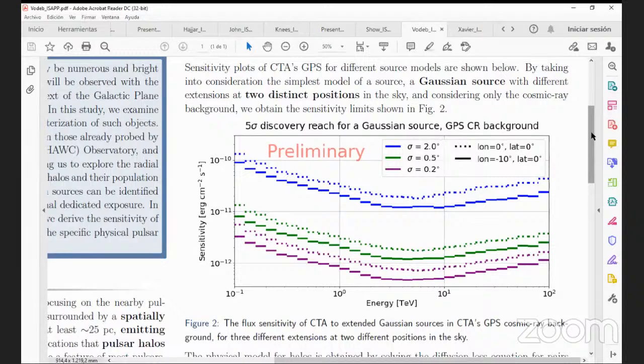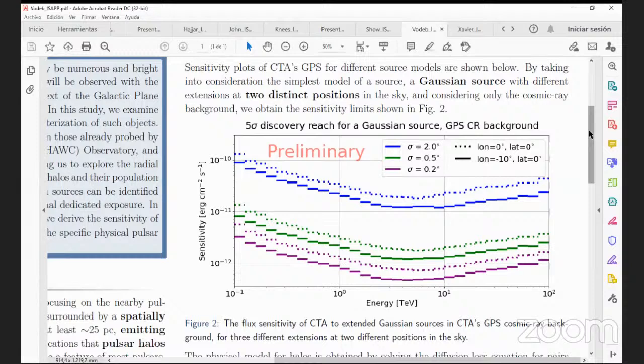The plot shows sensitivity curves obtained by considering only the Galactic Plane Survey cosmic ray background. We have calculated the same sensitivities also considering the interstellar emission, but these had little effect on the sensitivity values, so I have not included it in the figures here.